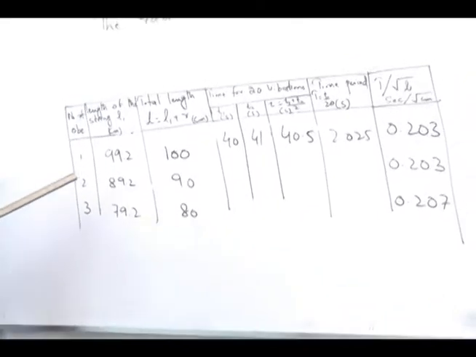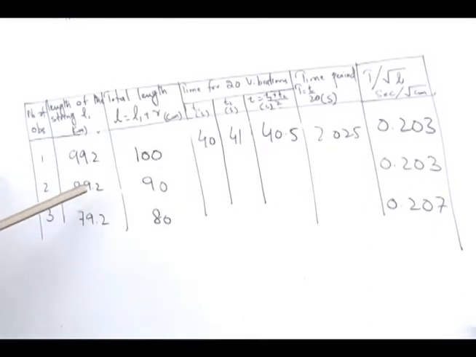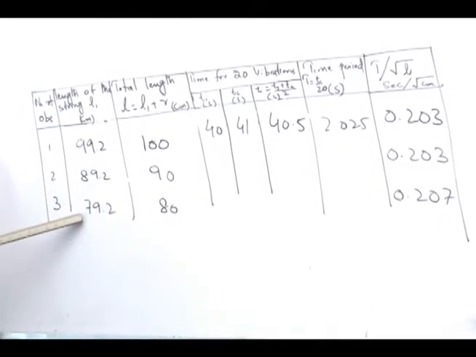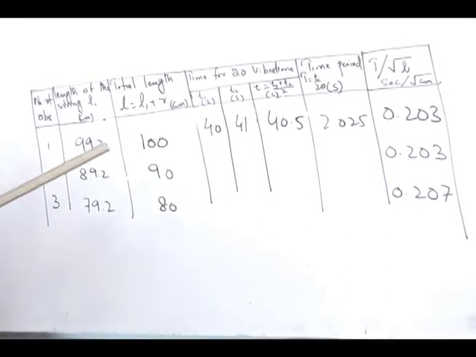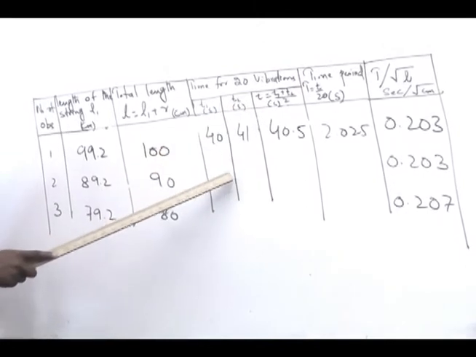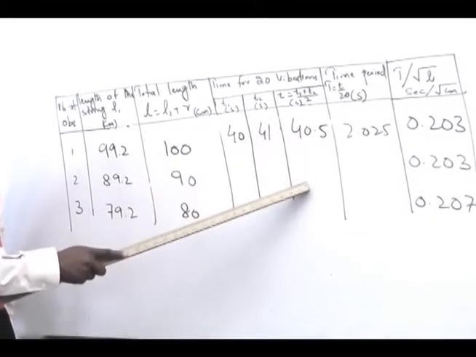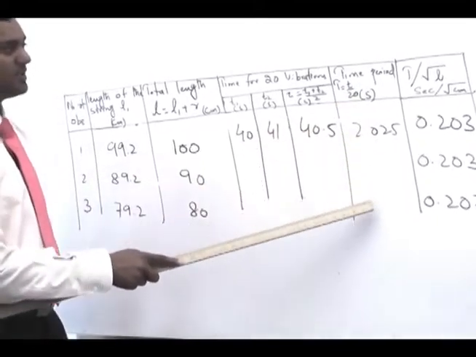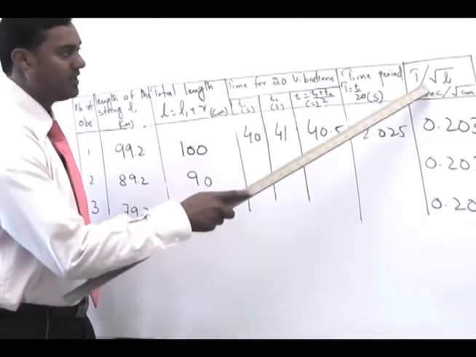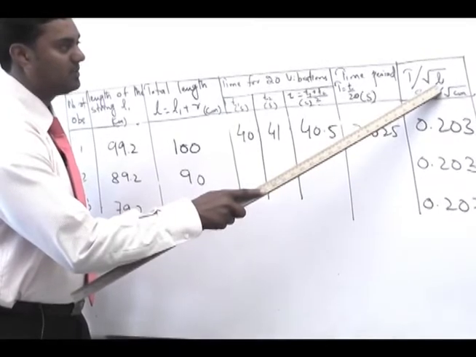Similarly, we can change the length of the pendulum by changing the length of the string, and find out the time for 20 vibrations, from which we can find the mean value, finding the time period, and then this last column where we find the ratio between the time period and the square root of length.